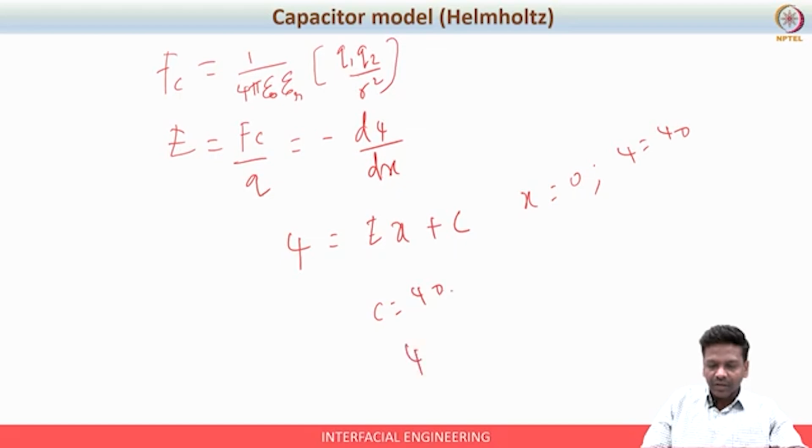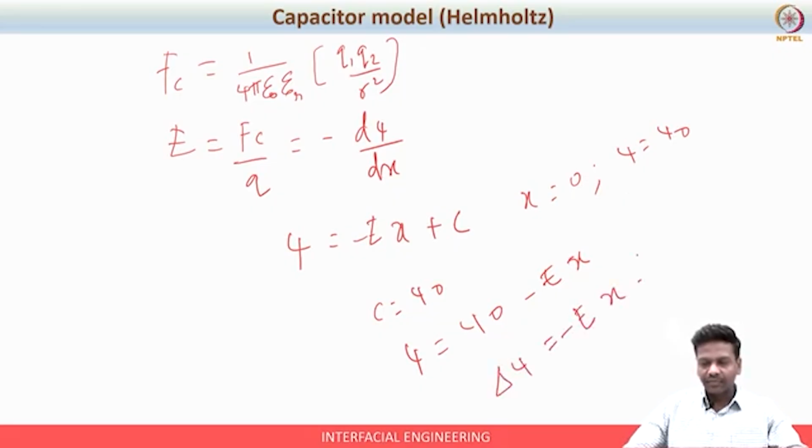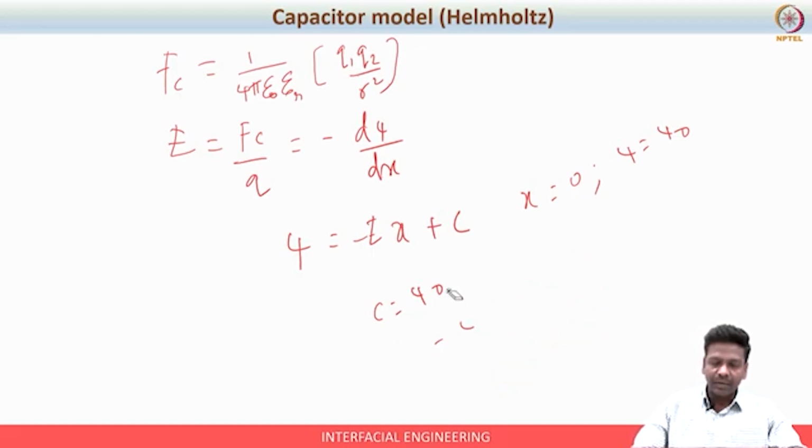So psi is expressed as psi naught minus Ex, or you can say delta psi is nothing but minus Ex. This means that psi varies linearly as a function of x, as proposed by Helmholtz, right?